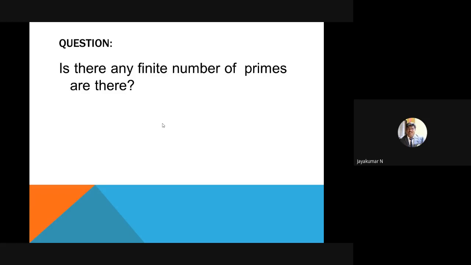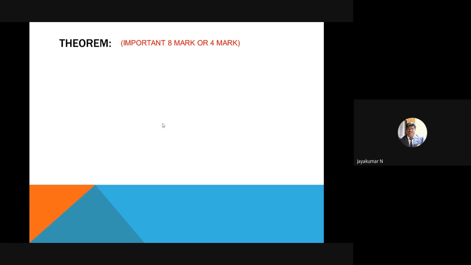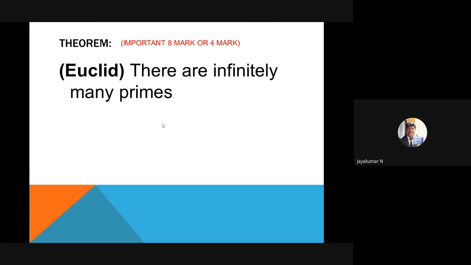We studied one type of number earlier. Are there a finite number of prime numbers or an infinite number of prime numbers? The answer is no, because the next important theorem is: there are infinitely many primes.